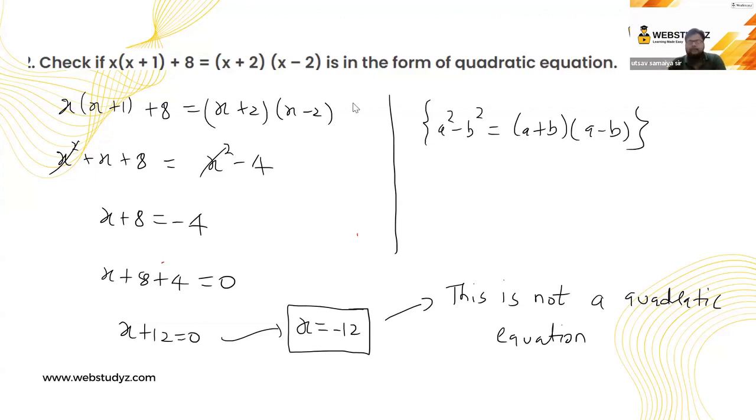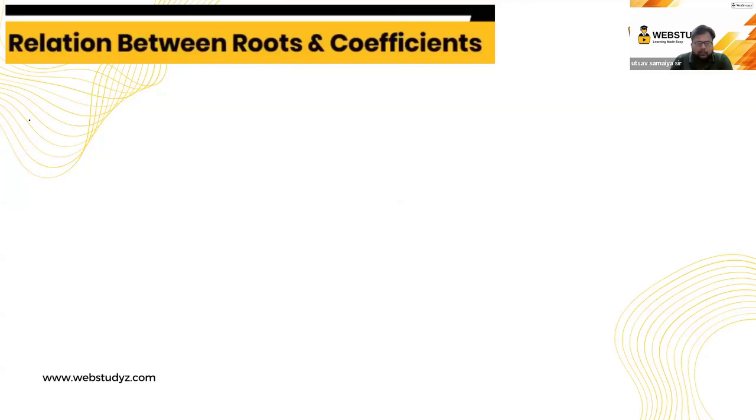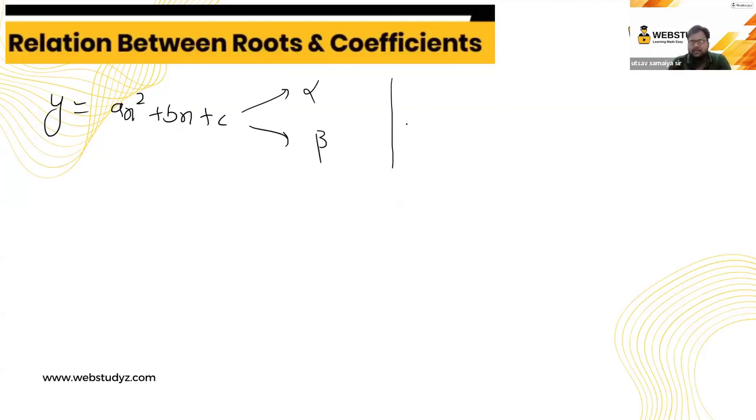Now we have the general form of a quadratic polynomial as ax square plus bx plus c. Now, as we know, a quadratic polynomial has two roots. Now they have some relation between them. That means sum of roots.